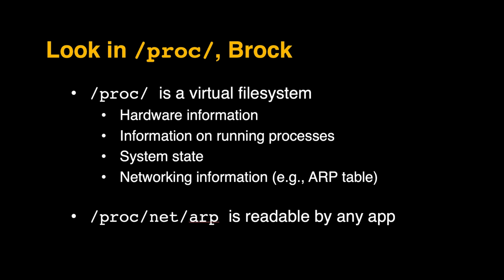exploited by various SDKs. So on Unix, the proc file system is a virtual file system that has various information about the state of the device, and that includes networking information. One of the virtual files in there is the ARP table, which lists the hardware address of the upstream router. In the case of Wi-Fi, that's the MAC address of the connected Wi-Fi router.